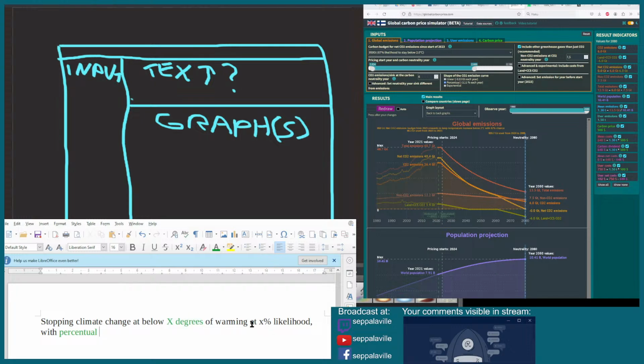For example, green would describe in the text results that you have directly made the choice. So here we continue: percentual decrease each year.